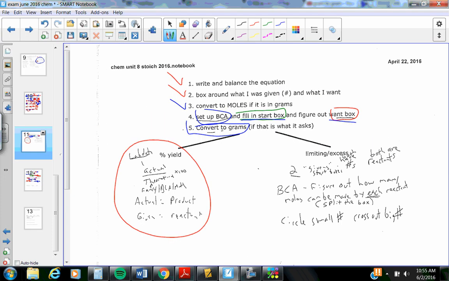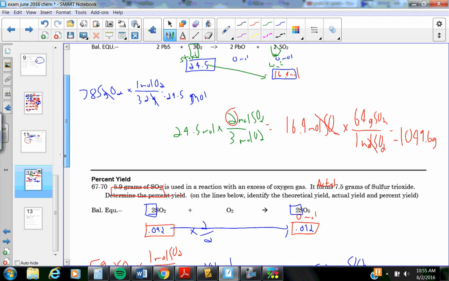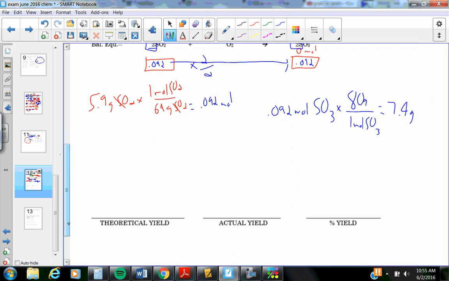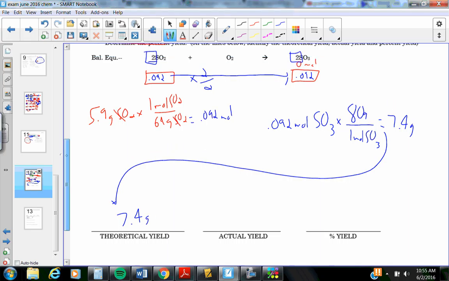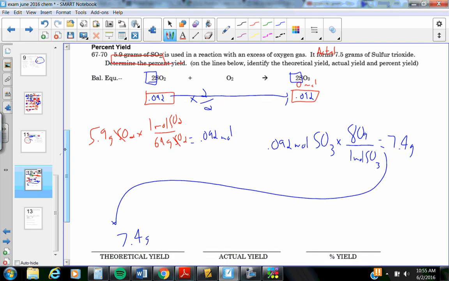So what that really means, when I get done doing some fancy BCA math, is a theoretical amount. That number that I just produced, 7.4, is my theoretical yield, 7.4 grams. What was my actual? That you just do by reading. It just tells you that it was 7.5 grams. And then what do I do?